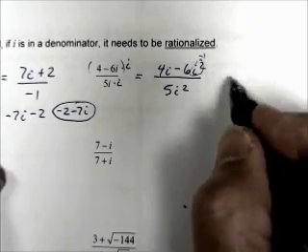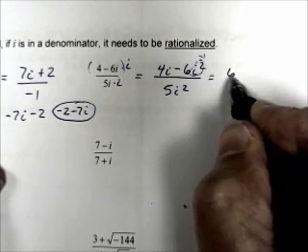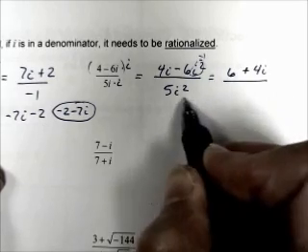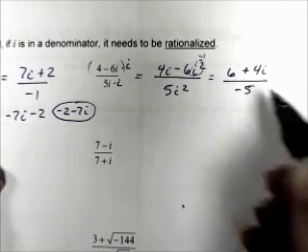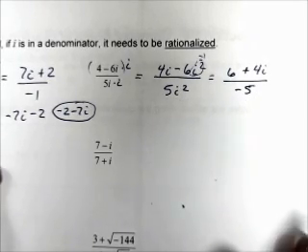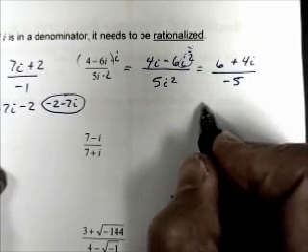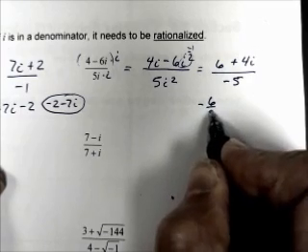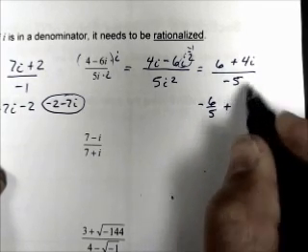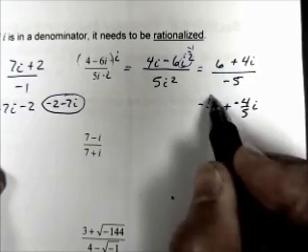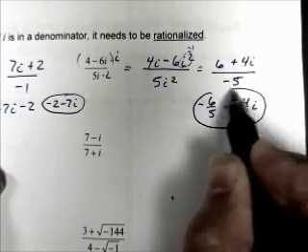I'm just going to write that first. So we have positive 6 plus 4i over negative 5. We'll break that up into the real number part, negative 6/5, plus negative 4/5 i. Our real number part and our imaginary part.